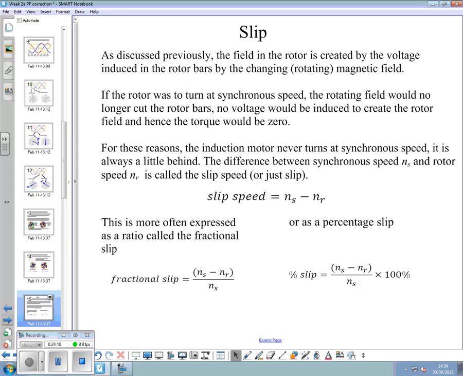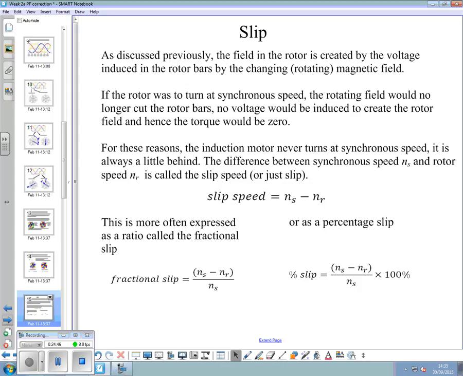The difference between synchronous speed, Ns, and the rotor speed, Nr, is called the slip speed, or just slip. So the slip speed is the synchronous speed, take away the actual rotor speed of the motor. More often it's expressed as a ratio called the fractional slip, which is the synchronous speed, take away the actual speed, so the slip over the synchronous speed of the motor.